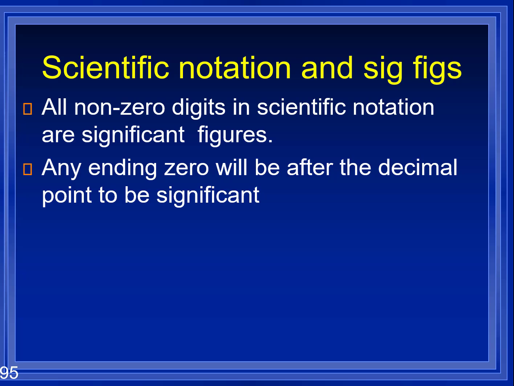So what you write in scientific notation, every digit's significant: the zeros and all the non-zeros. If you wrote it in standard form, they're all significant. So how many significant figures in 1.20 times 10 to the third?